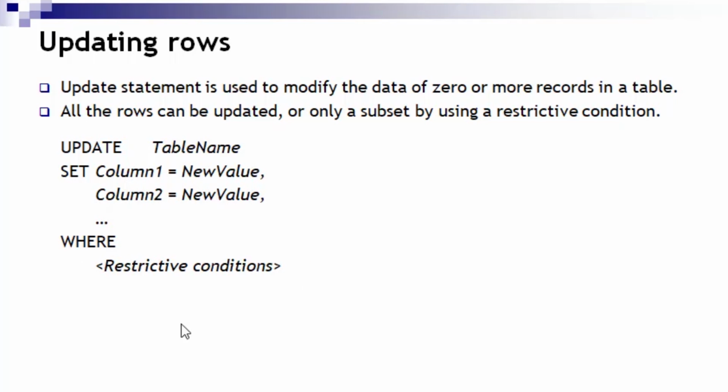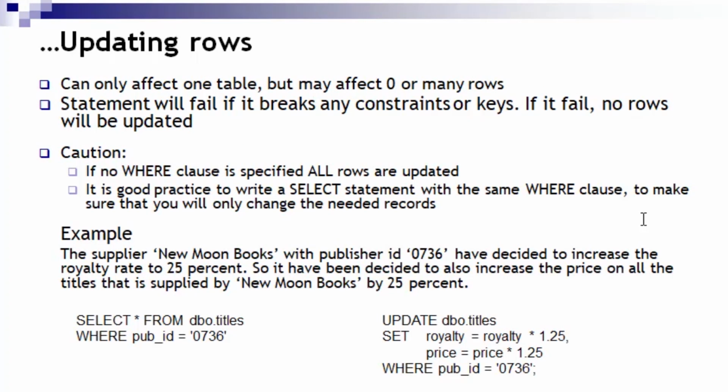Then we also need to have a where restrictive condition to limit the rows which are going to be changed. Now what you need to note is that if we are unsure about which rows need to be changed, we can firstly write a select statement to bring back the rows which need to be changed and to make sure that we are only working with the correct rows.